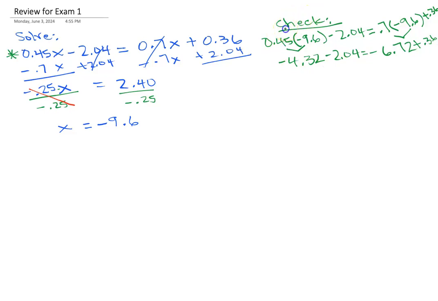Now remember, with the check, what we're trying to check to see is, does each side equal the same thing, right? So we've got to get the same thing on both sides since it's an equation.